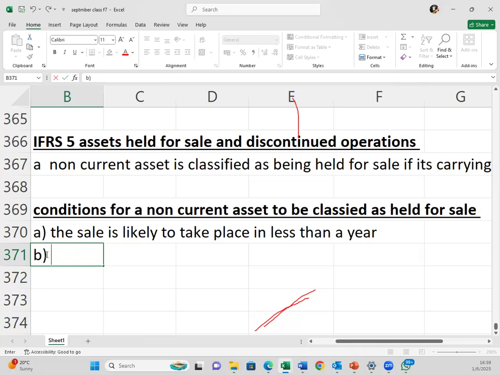So in less than a year, we are saying we are planning in the next 12 months, the next 3 months, 6 months, 4 months, or even now, if you get a buyer, you can sell it. Then the asset must be ready for sale, meaning that it must be available for sale in its present condition. It can't be an asset that we are still using. You can't classify it as held for sale while the asset is still being used by the company.